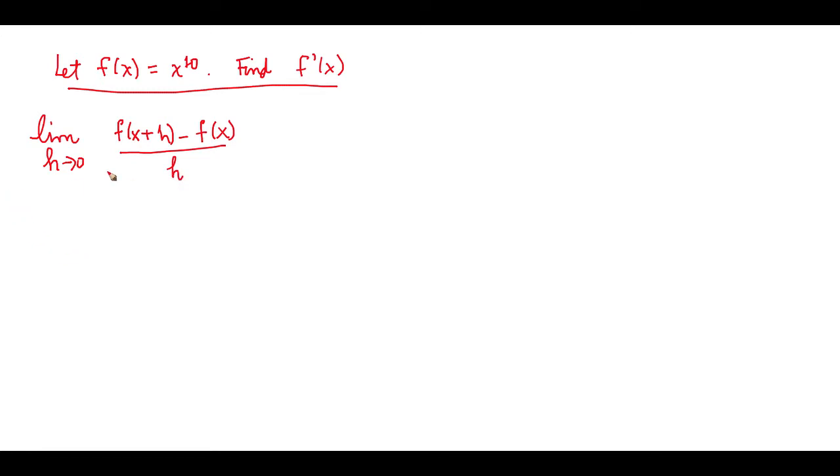Now, when we apply this definition to the particular function, we get the limit as h approaches 0 of x plus h to the 10th power minus x to the 10th, and all of this over h.